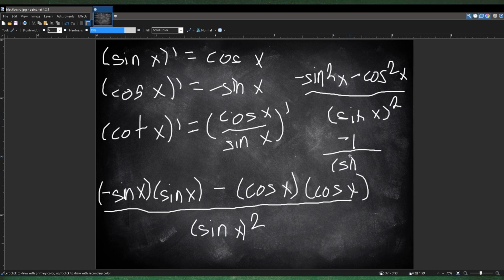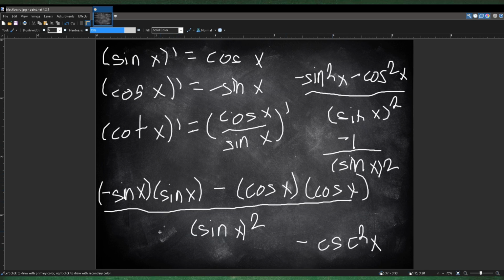The reciprocal of sine is cosecant, so since it's squared, it has to be cosecant squared of x. And that's how we get the derivative of cotangent of x. The derivative of cotangent of x is just negative cosecant x squared.